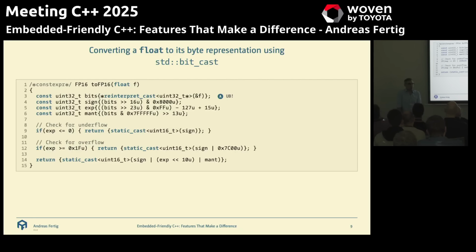A very natural thing, so you teach that at a university to, I don't know, first or second-year students. So we want the bit representation. And the natural thing to do, which I have seen done a lot in the past, is to say we want to reinterpret the float to a uint32_t, for example, because we know it's 32 bits.